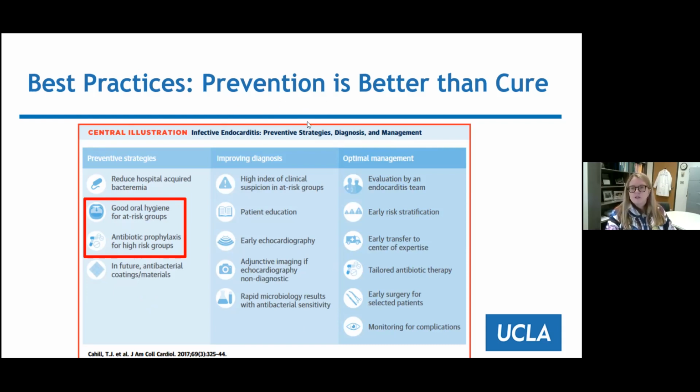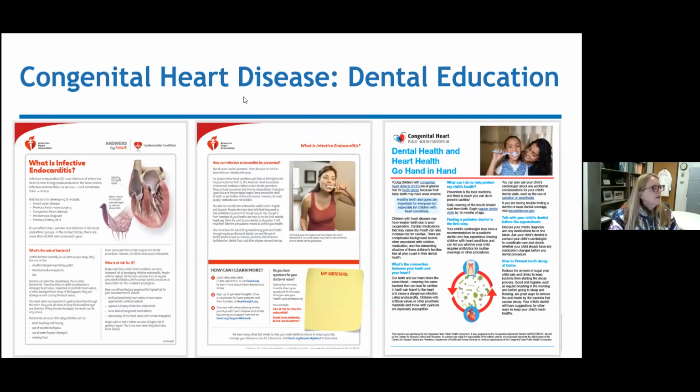Prevention is really better than trying to cure this. Here are some educational handouts from the American Heart Association for congenital heart disease patients on infectious endocarditis.